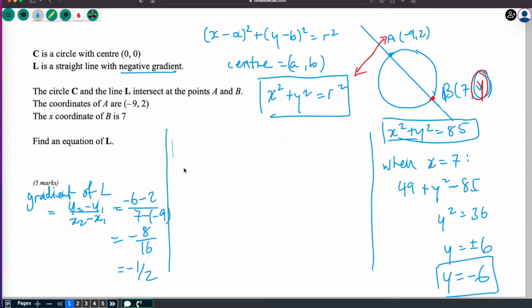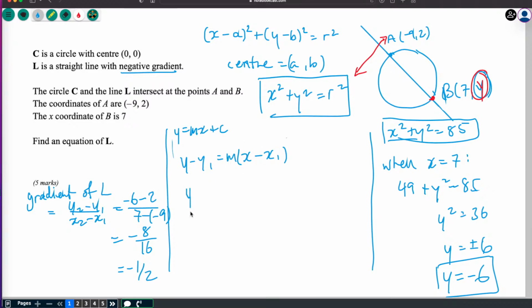And then we can actually use the point slope form of a line. Or maybe you're used to writing it like y equals mx plus c. There's two ways to do it. You could say y equals mx plus c, or I'm going to use the point gradient form, which is y take y1 equals m times x take x1. And then you can plug the point straight in and the gradient.